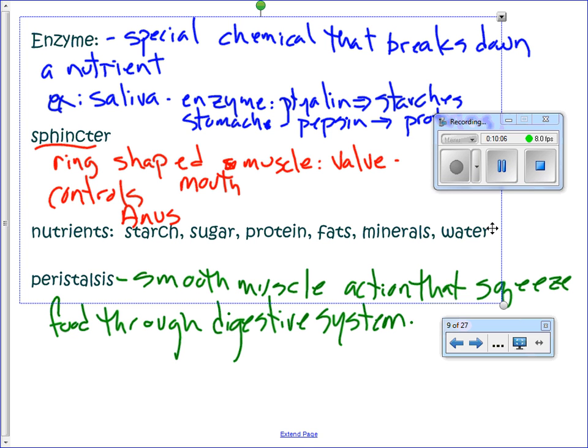That's peristalsis. After you swallow, the peristalsis moves everything through. It's involuntary, right? It's smooth muscle. After you swallow, it moves through the rest of your system all by itself. Okay? And the textbook has a nice picture of it. It talks about it happening in your esophagus. All right, we ready to move on and label the guy?